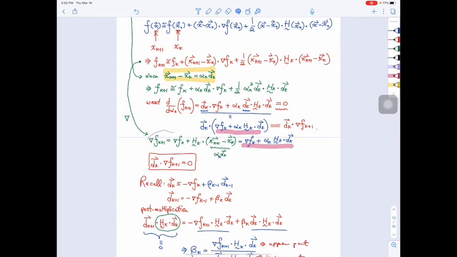Here, the second term. We want to make it 0. In order to make it 0, you need to do this, only the second term itself here.